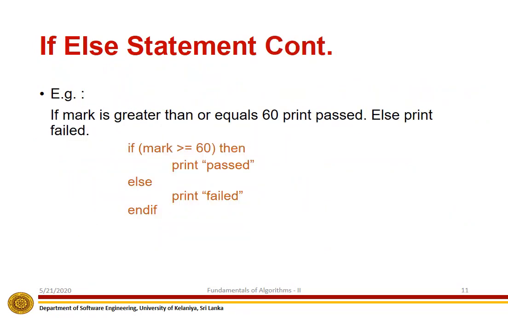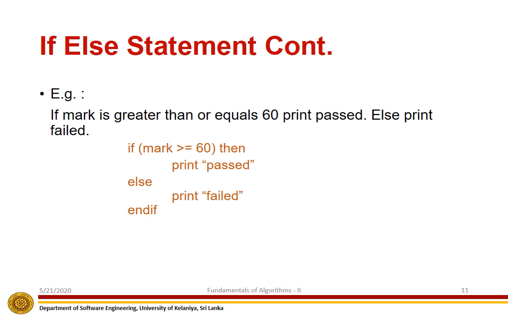Then let's see an example for the if-else selection structure. In here, the example, we want to print passed if the mark is greater than or equal to 60. Otherwise, we want to print failed. So, according to the general format, first keyword if, in the brackets the condition mark is greater than or equal to 60.